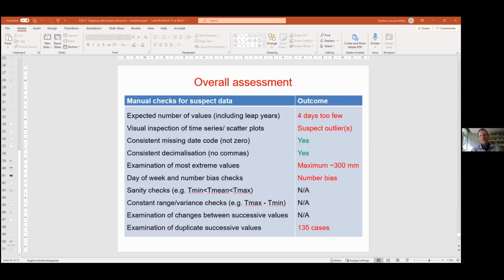And even in 20 minutes, you've been able to establish that there are some issues with this data set. It's a nice data set to have, 35 years, more or less complete, but we shouldn't just take it all on trust and jump straight into the research without checking for ourselves the quality of the data.